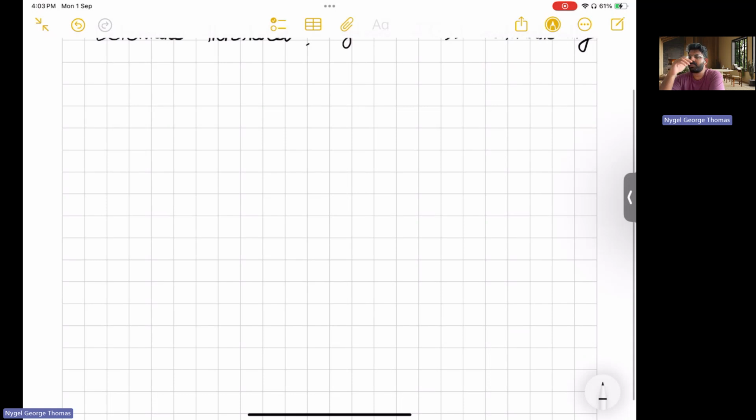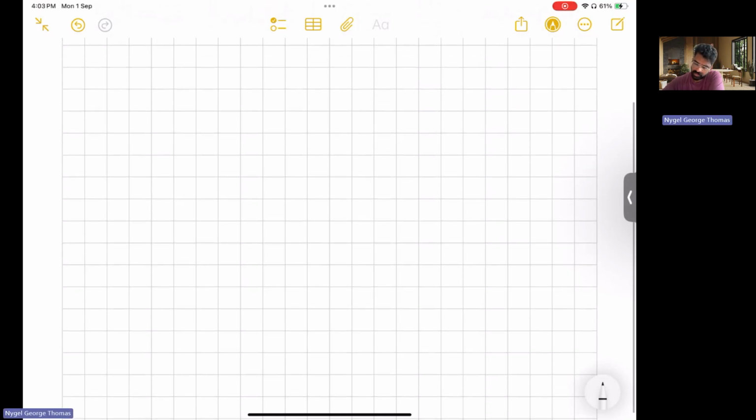So before we start Otsu binarization, we have to cover a few fundamentals of probability. So some basic probability basics.